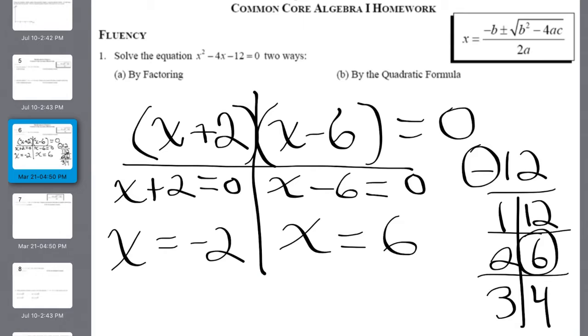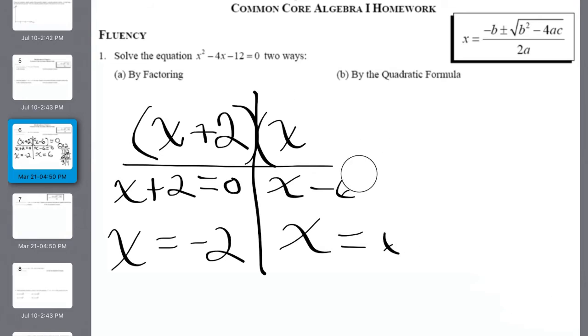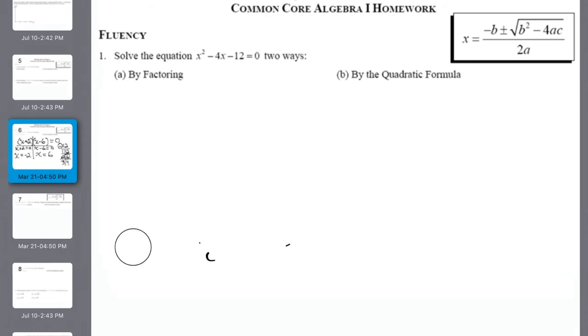But we've been practicing using the quadratic formula. So I'm going to erase all this and solve by using the quadratic formula, which we already have written on the top right of the screen. One thing that I like to do when I'm using the quadratic formula is make a little table.